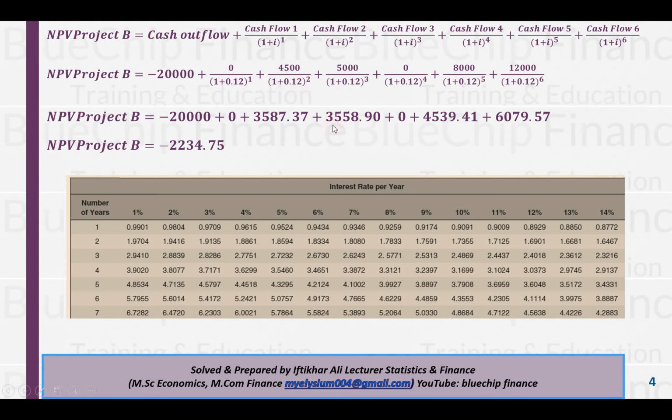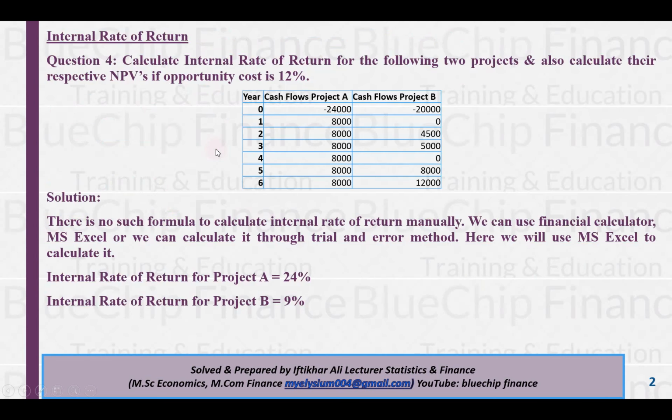And finally your NPV of project B is in minus terms, minus 2234.75. So obviously investing in project B is not profitable, and this is the same criterion we were discussing in the calculation of internal rate of return: your internal rate of return is 9% for project B and the opportunity cost is greater than your internal rate of return.